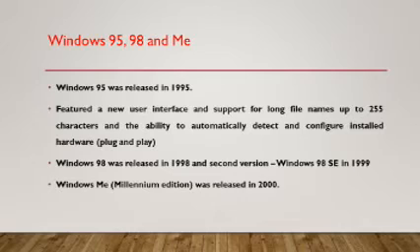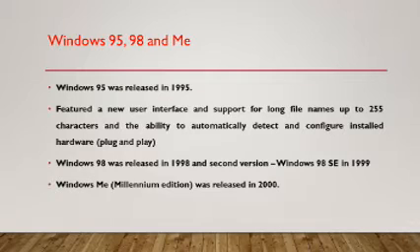Then we have Windows 95, 98 and ME. So Windows 95 was released in 1995, featuring a new user interface, support for long file names up to 255 characters, and the ability to automatically detect and configure the installed hardware, which means plug and play.